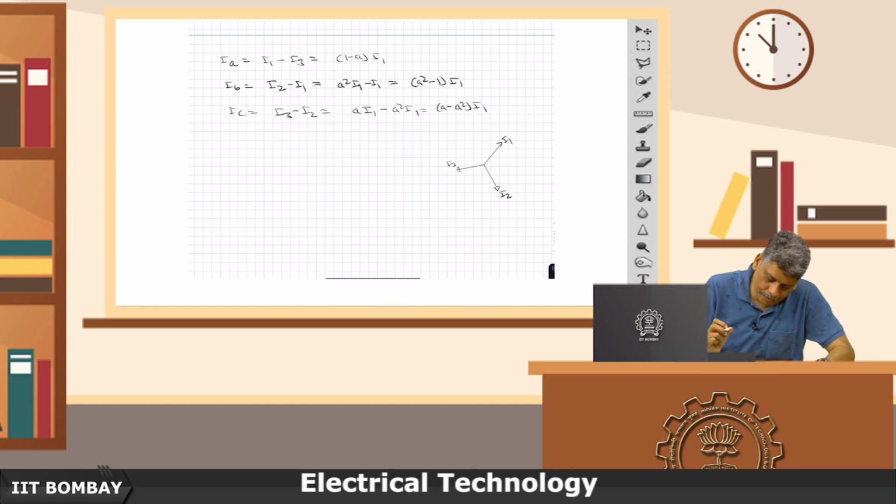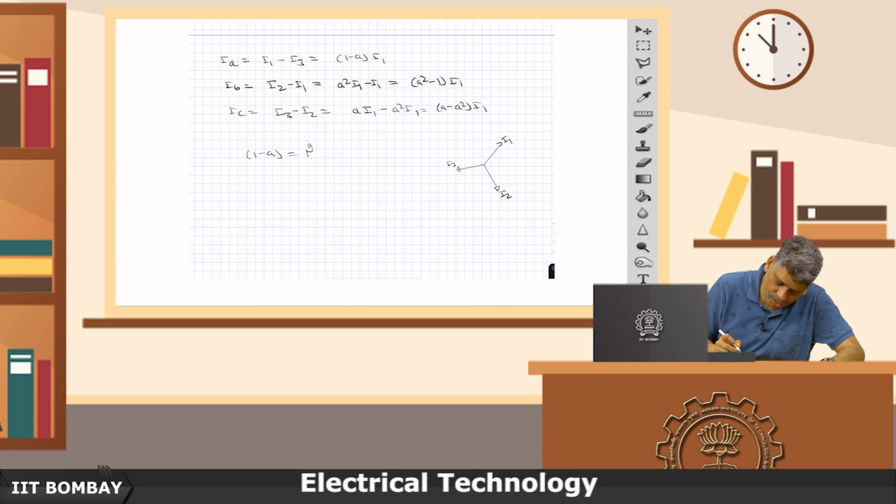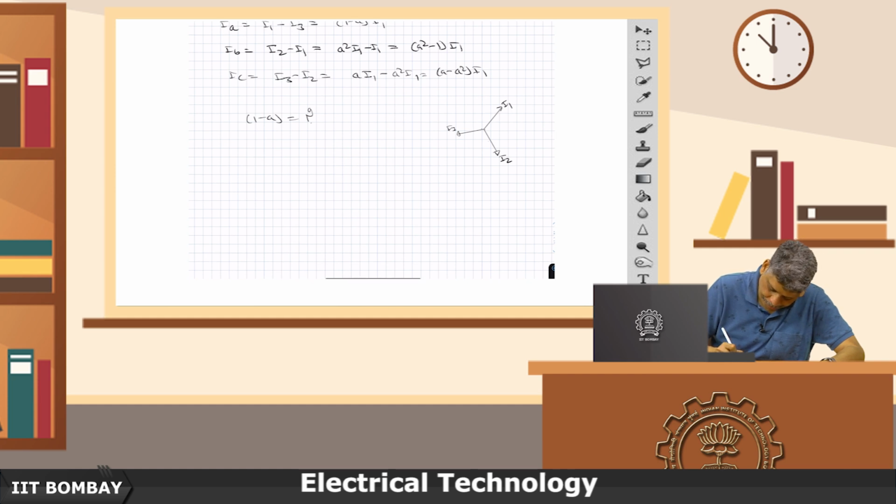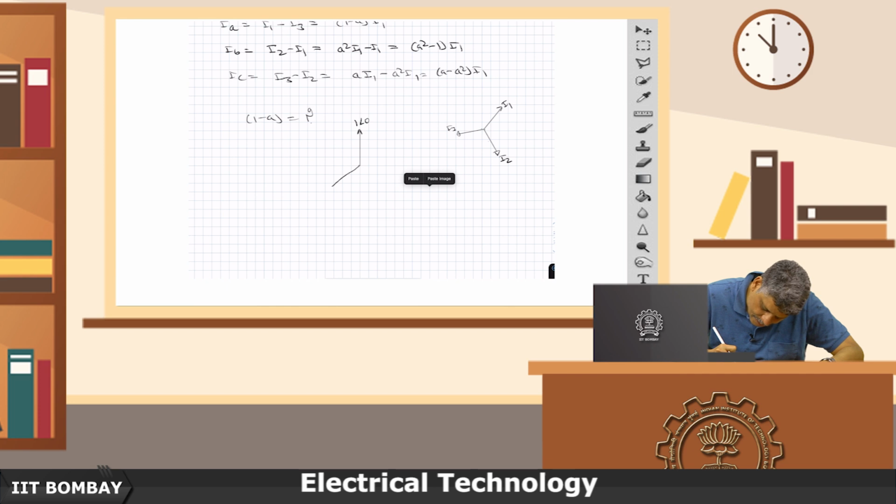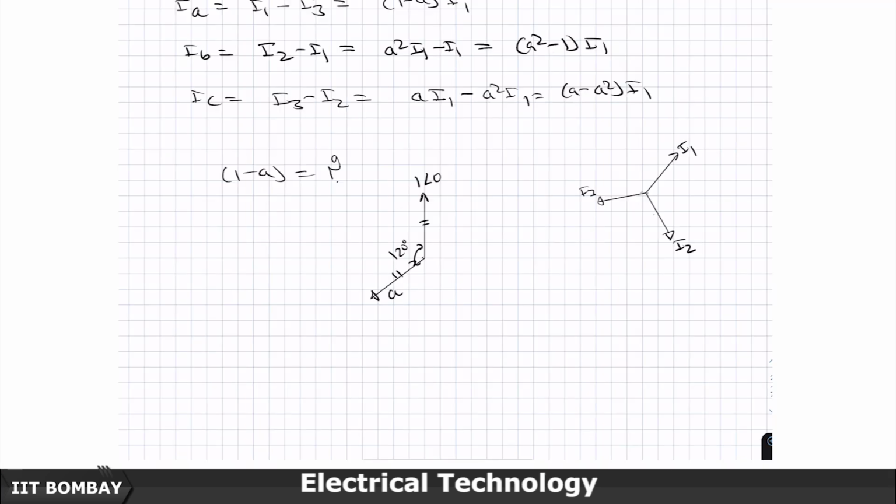Now, let us look at first of all what is this 1 minus a. Let us do it geometrically. So, let me say that this is my 1 operator. Then the a operator, the 120 degrees rotation, is this operator, both of them have unit length.